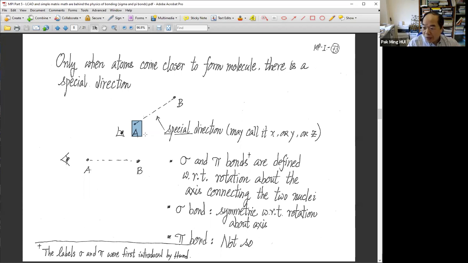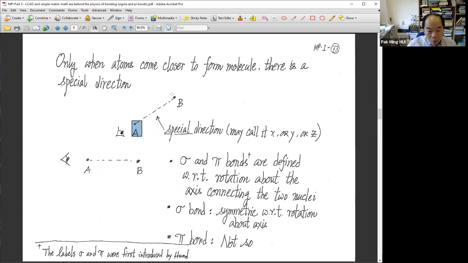And when we solve an atomic problem, we use r, theta, phi, or X, Y, Z. It is our mathematical convenience. We could define any X, Y, Z and then start doing that. But for the atom, it doesn't have any sense about what is X, what is Y, what is Z. The space is isotropic, okay, for a lonely atom.